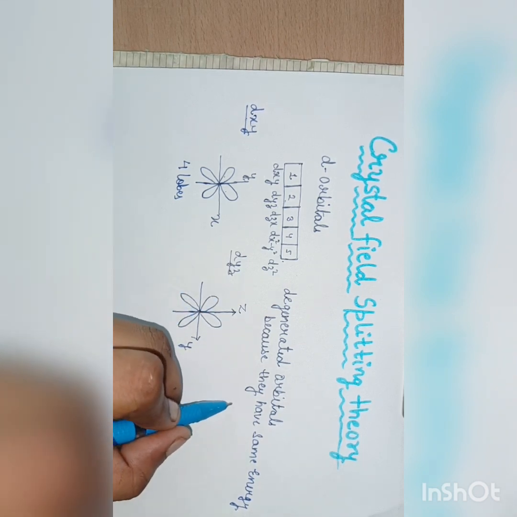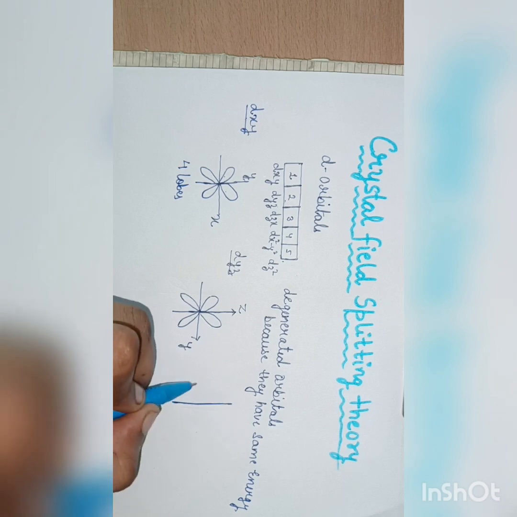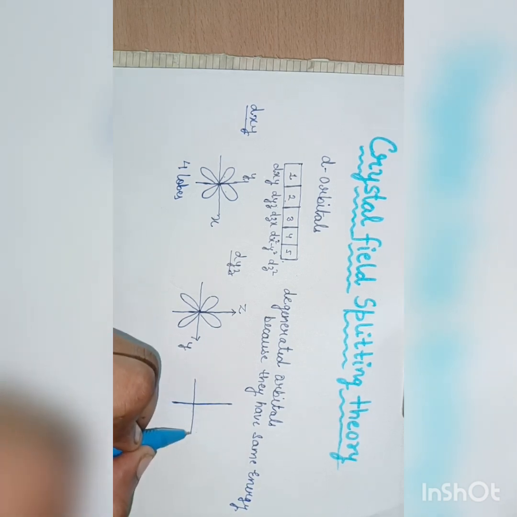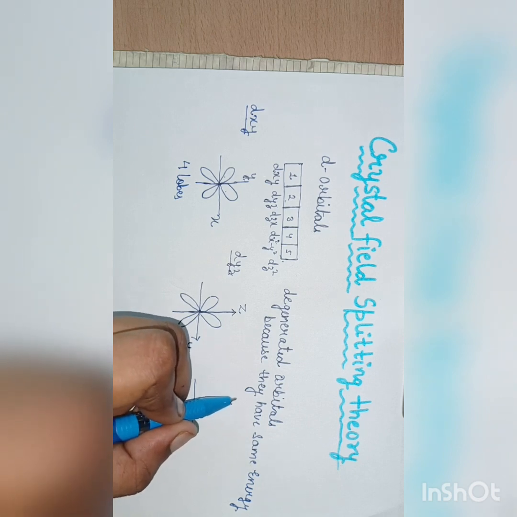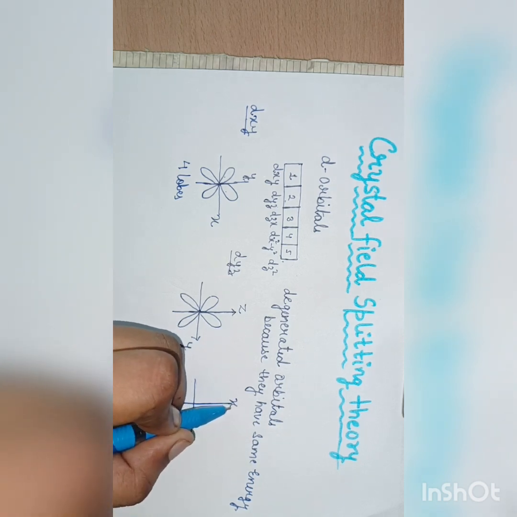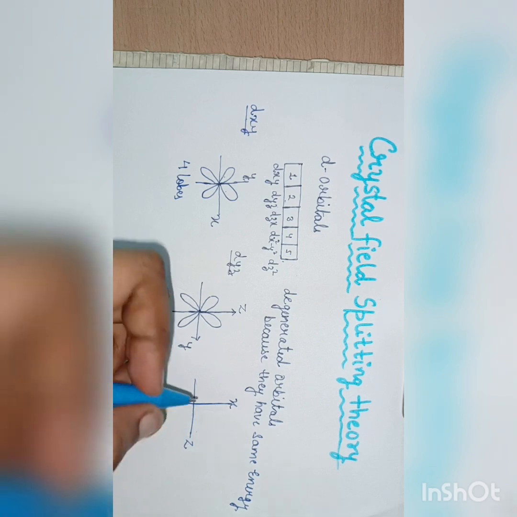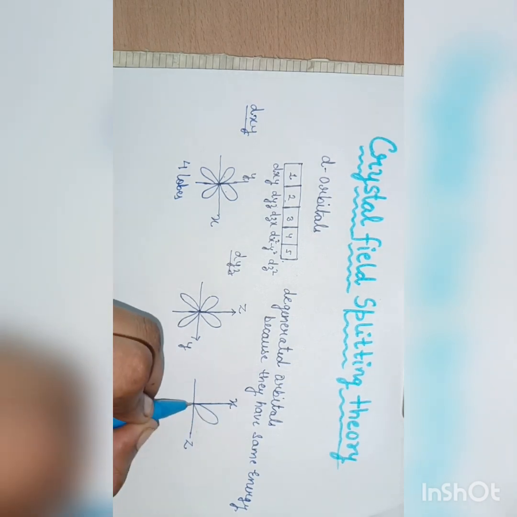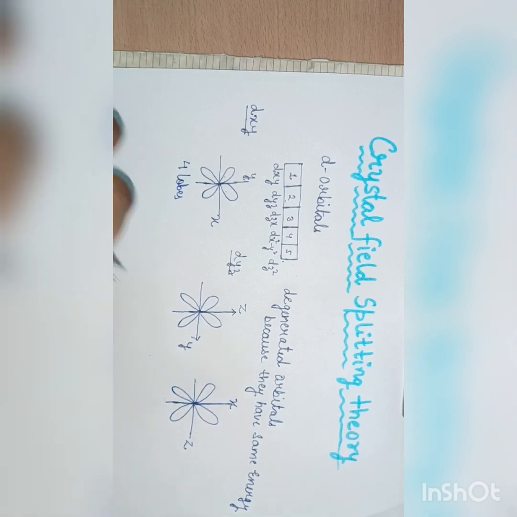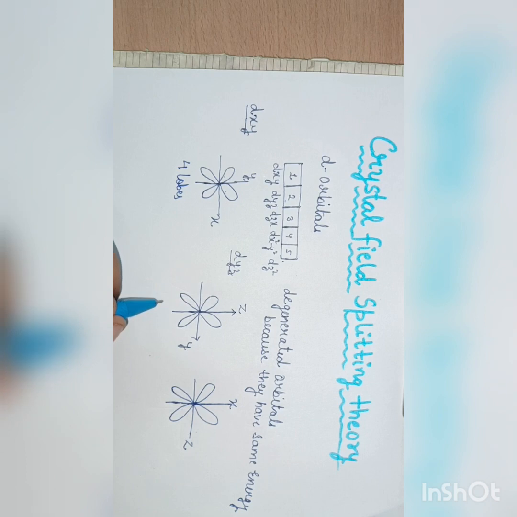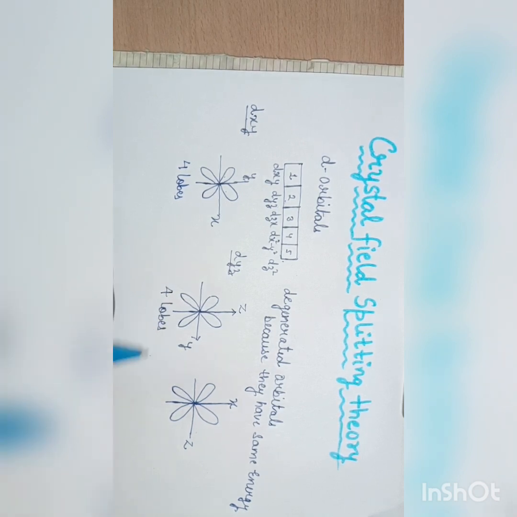And now we will draw for dzx. So, this is the x-axis, z-axis, and the lobes are present in between the axes. Here we have 4 lobes. Again we have 4 lobes here.